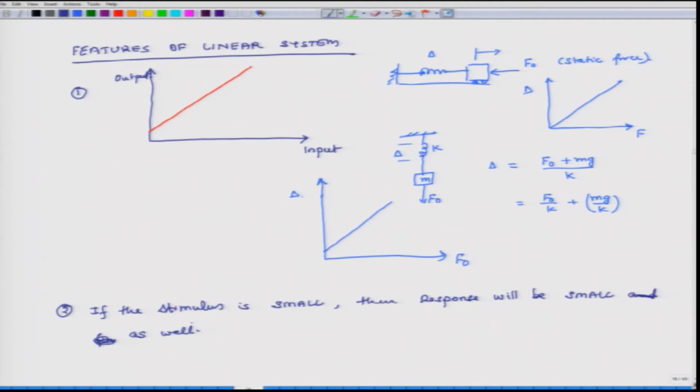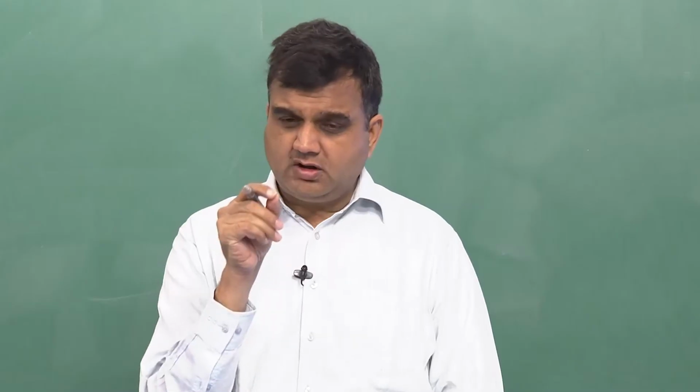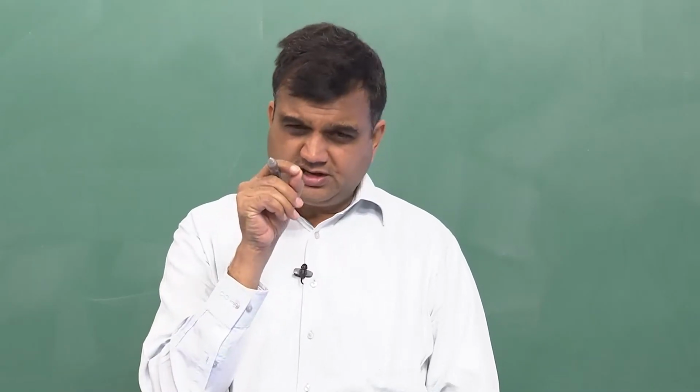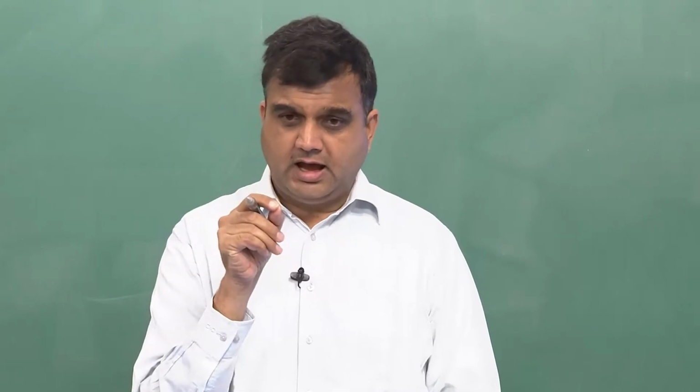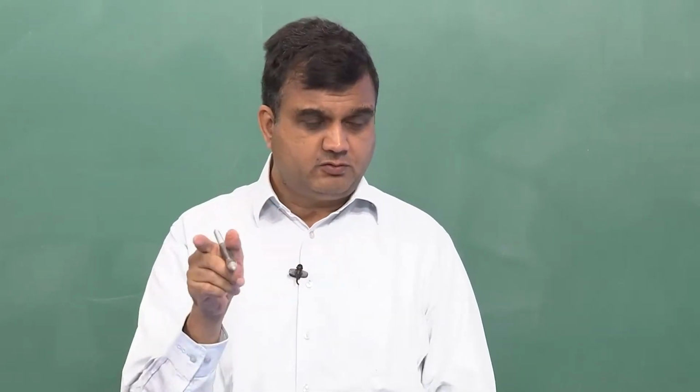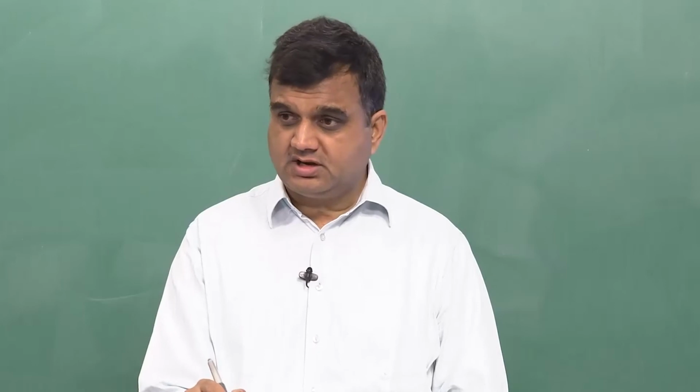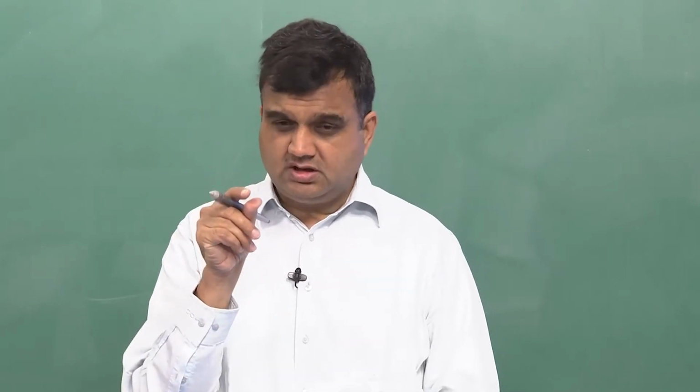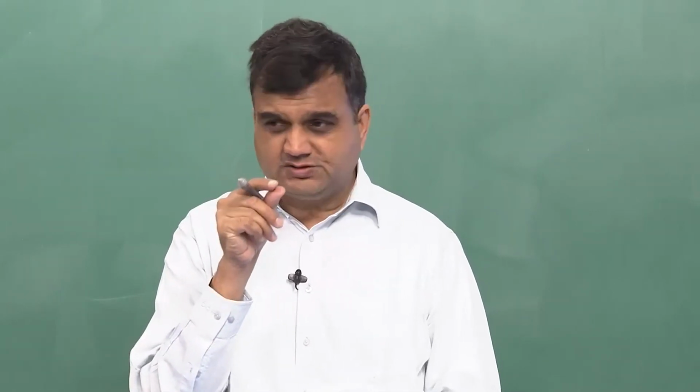What does that mean? That if I disturb the system by a very small amount, the system will respond also by changes which will be extremely small in magnitude. I mean, they may not be the same, there may be some amplification, but the change in the response will be also extremely small.